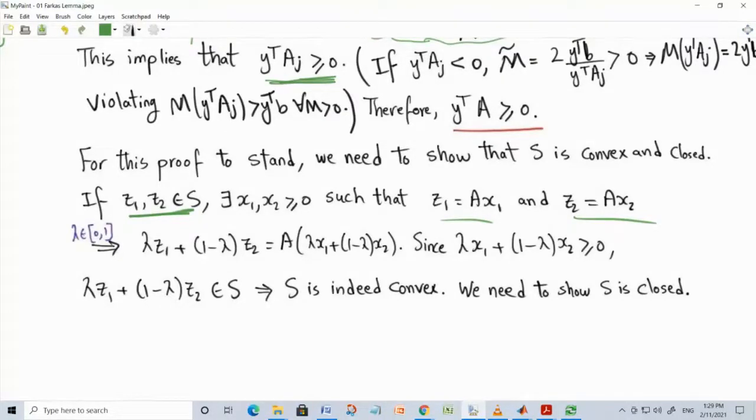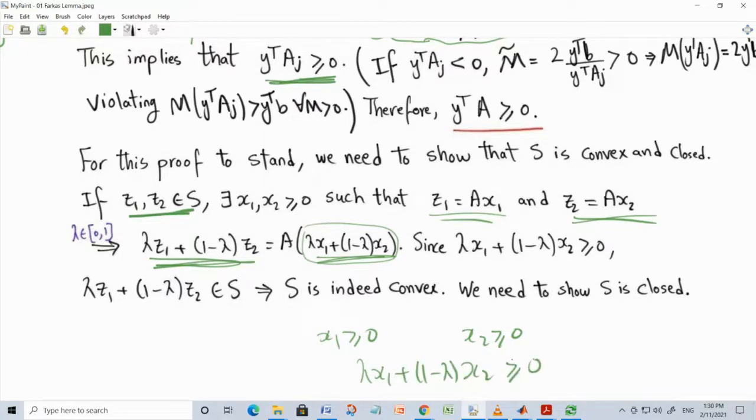Now let's examine lambda z1 plus 1 minus lambda z2 for lambda between 0 and 1. Simply multiply both sides here by lambda, multiply both sides here by 1 minus lambda, and add, and you get that this vector is A multiplied by this vector. If x1 and x2 have non-negative components, then lambda x1 plus 1 minus lambda x2 is guaranteed to have non-negative components.